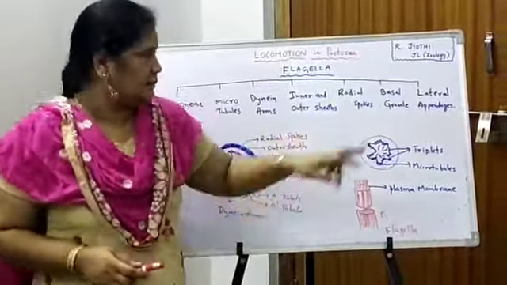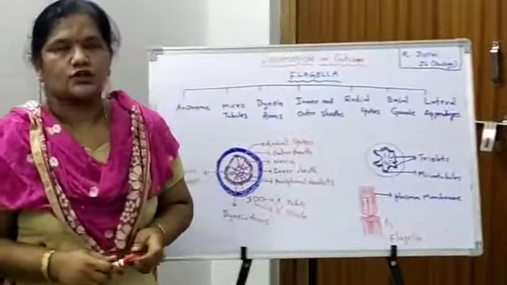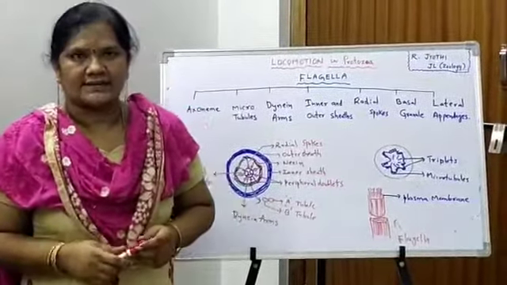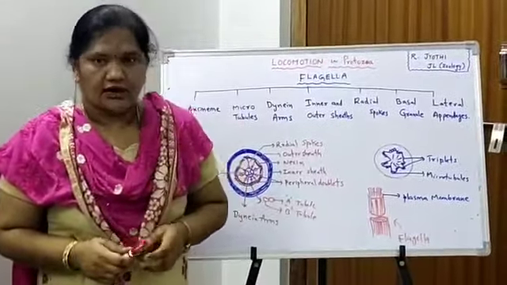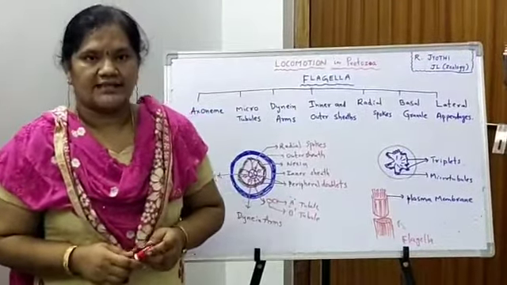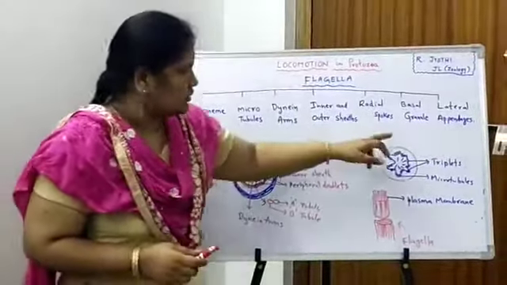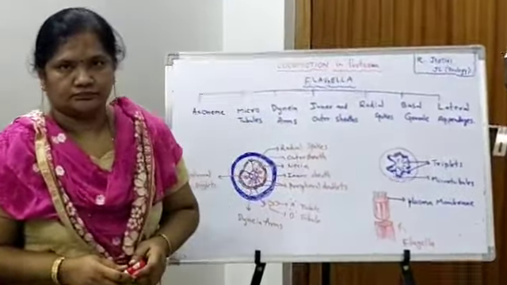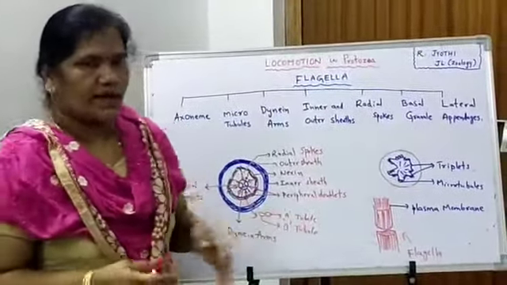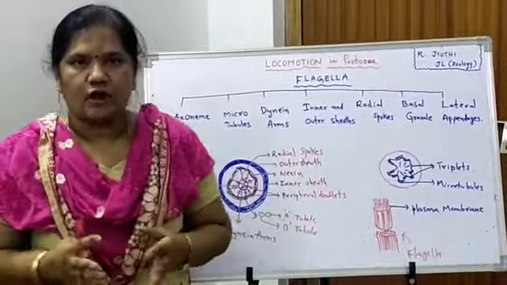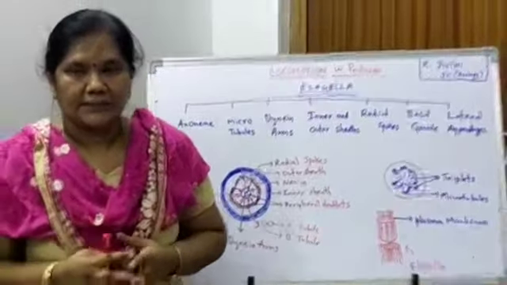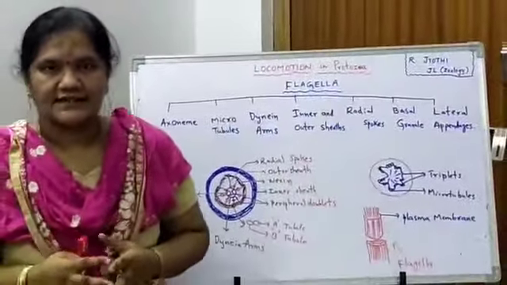The next one is basal granule, or kinetosome. It is the cell organelle involved in the formation of a flagellum. It is a modified centriole. It is present in the ectoplasm. It is a cylindrical body formed by 9 peripheral triplets arranged in a circle.